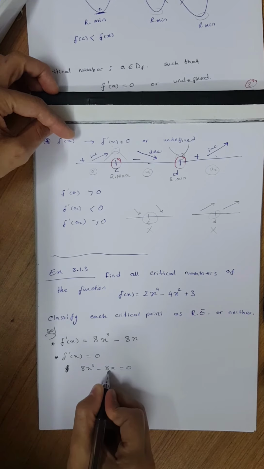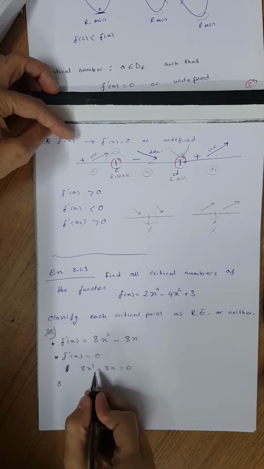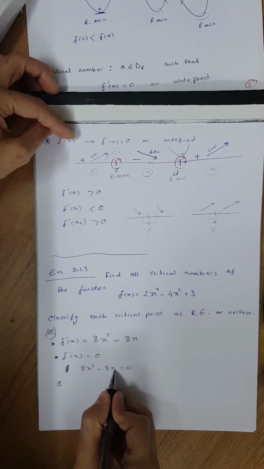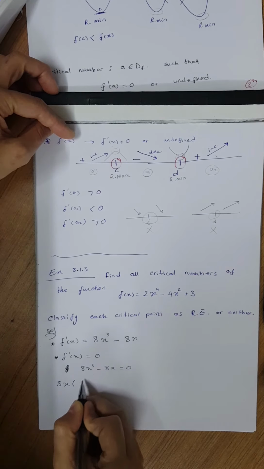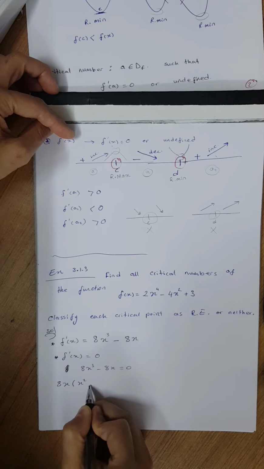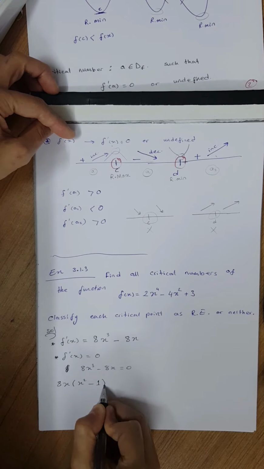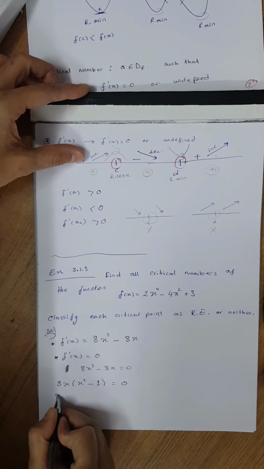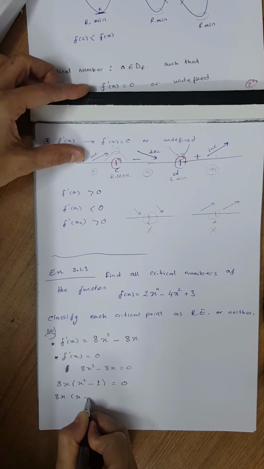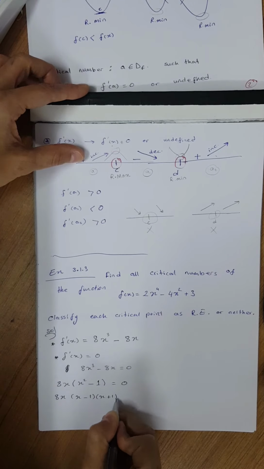We see 8 is common between this term and that term. And if you look at those two terms again, x is also common. So what remains here? X squared remains here, minus, we have taken 8x all out, so 1 remains in here. That's equal to 0. If you look at that equation, we get 8x, x minus 1, because this one opens as a bracket, okay?